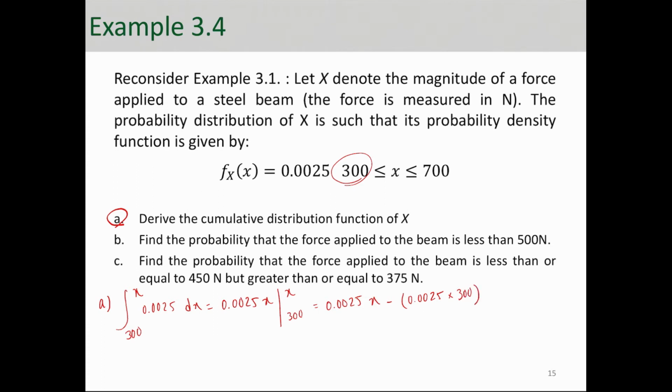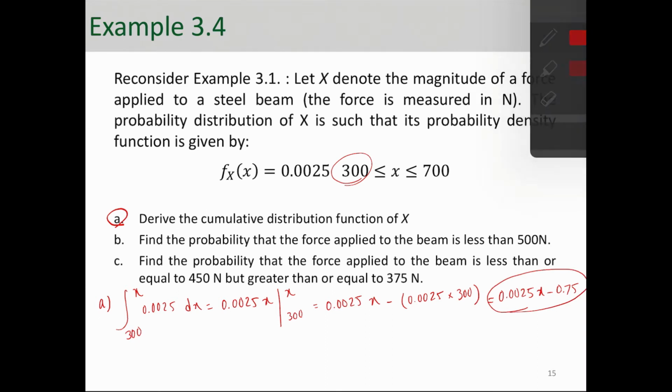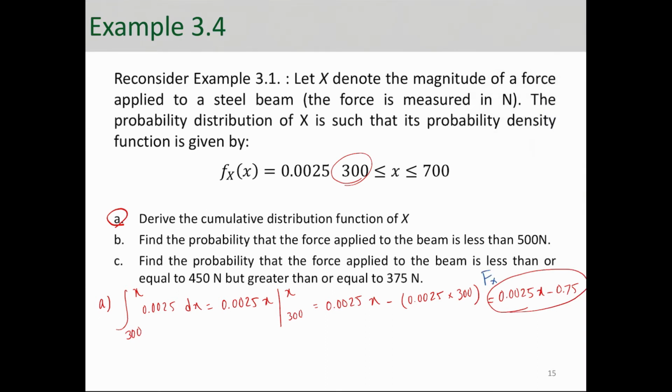This is not an x, it just indicates multiplication. When you do that, you get the function 0.0025x minus 0.75. That right there is your CDF function, which we call F of x.